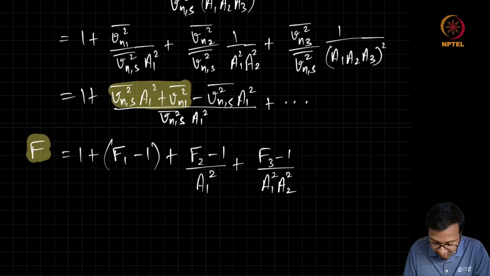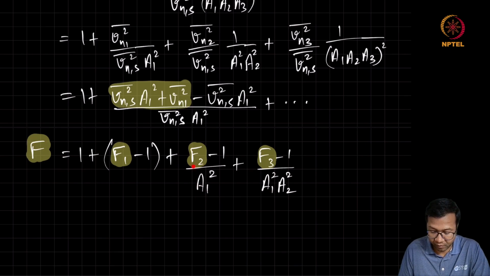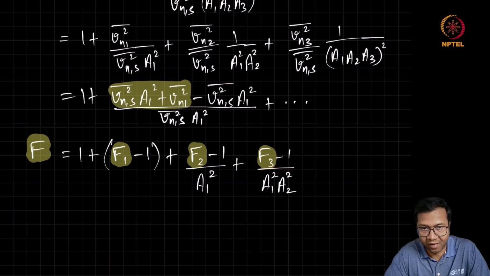Cascaded noise figure has the noise figure of individual stages, but each of the stages, their noise factor is appearing with some scaling depending on the gain of previous stages. So for the second stage noise factor, it is kind of reduced by the gain of the first stage, whereas the noise factor of the third stage is reduced by the gain of first stage and second stage.